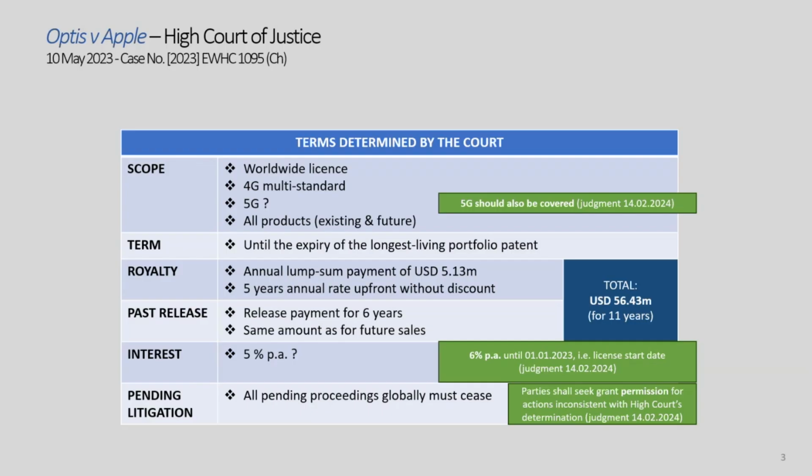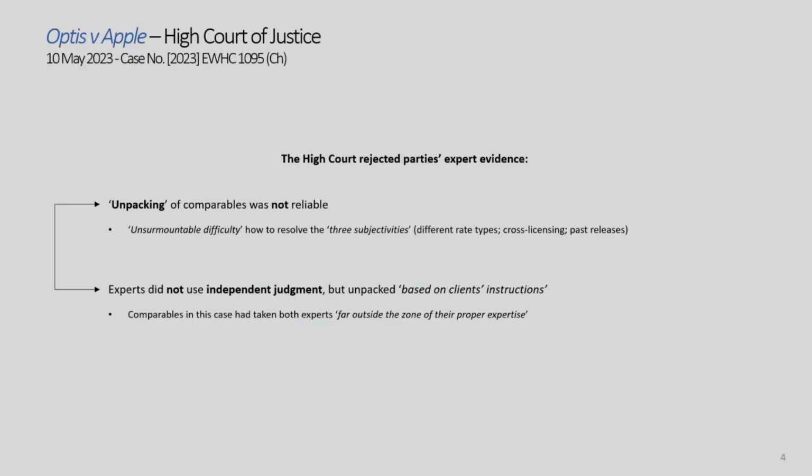And I would just go also into two very important points of this decision, which were also in the focus of the appeal proceedings. There was one very decisive element in this rate determination by the High Court, and it referred to the way the court basically addressed or dealt with the expert evidence that was produced.